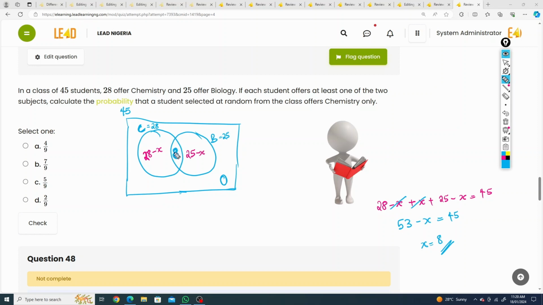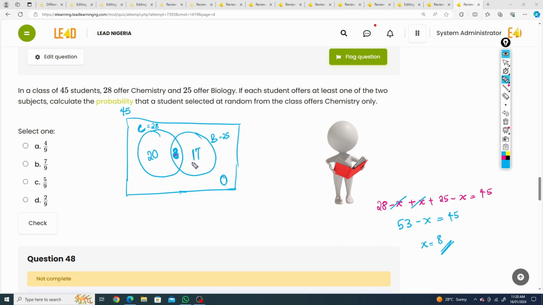I'll rewrite this and put 8 there. Then chemistry alone would be 28 minus 8, which is 20. So 20 people are taking chemistry alone. And biology alone will be 25 minus 8, which is 17.